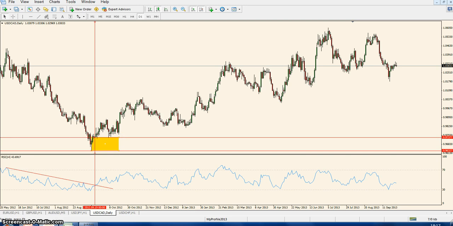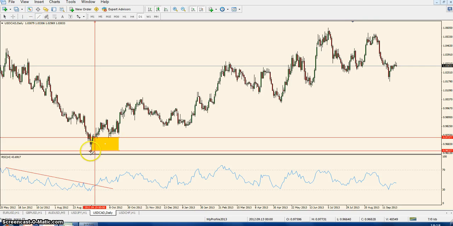So entry at 97.37 it is, and stop at 96.32. Since it is a daily chart, it seems quite large, but depending upon whether you want to play short term, you can reduce the time frame. I'm just showing it for illustration. So this is the entry and stop.